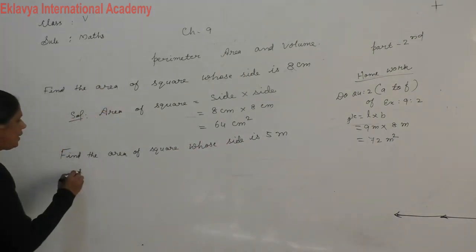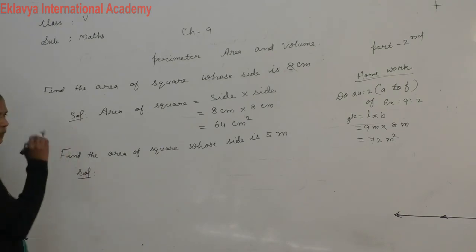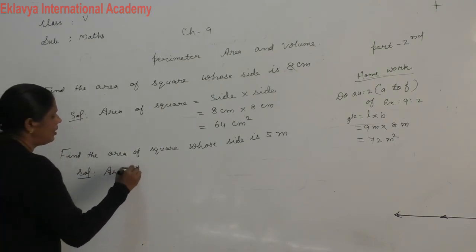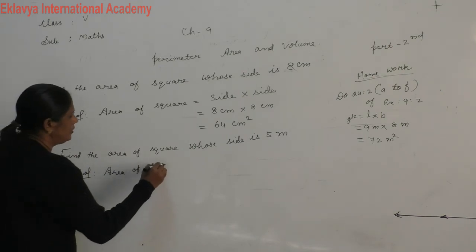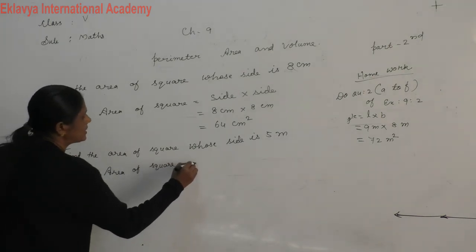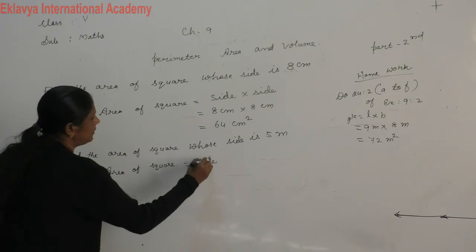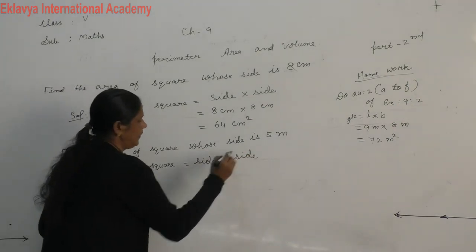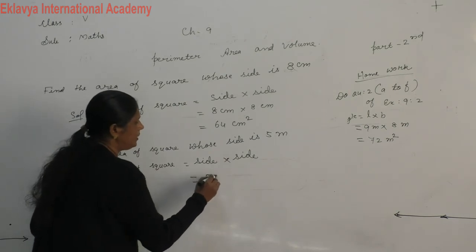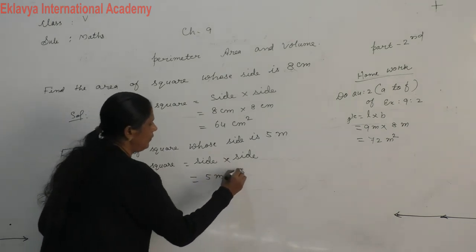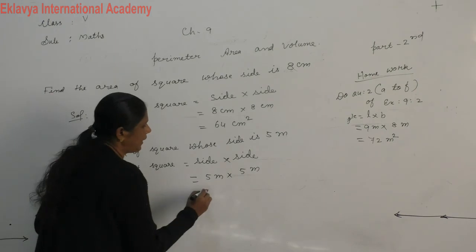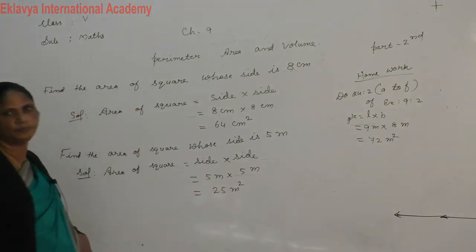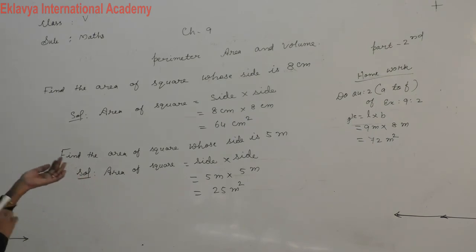Then again you write the formula. Area of square is equal to side into side. That is 5 meter into 5 meter is equal to 5 5s are 25 meter square. You understand this?